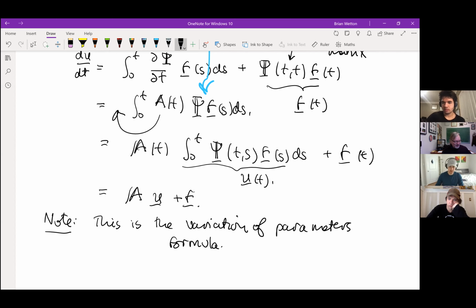Okay, now I'm going to look at the time and go in the written notes. It's something that I thought was interesting. And if you ever wondered where that crazy variation of parameters formula came from, this is a very nice way to see where it comes from in a more logical way.